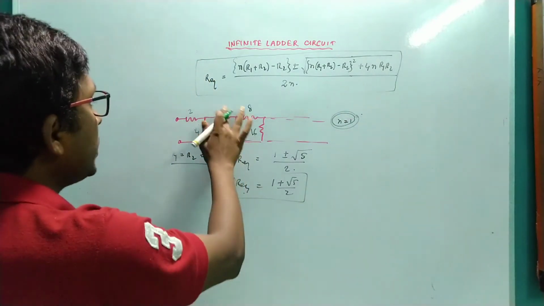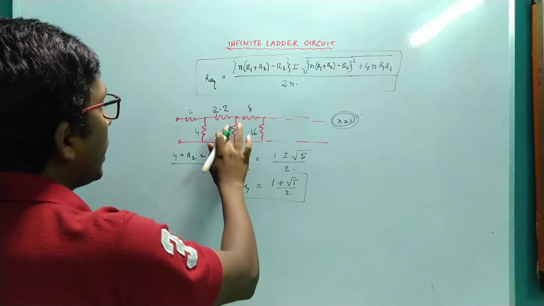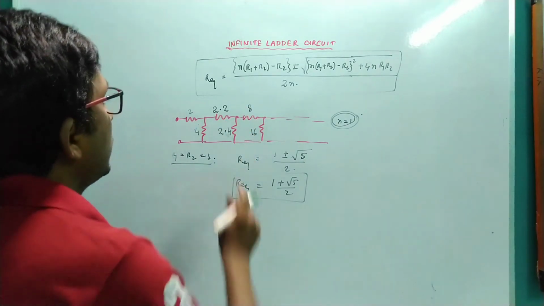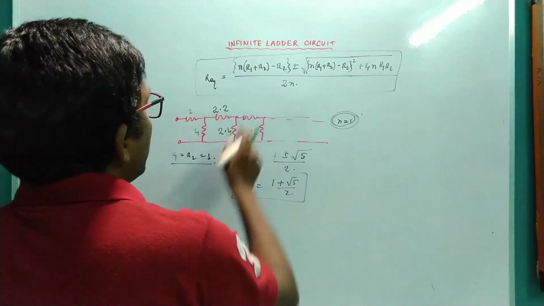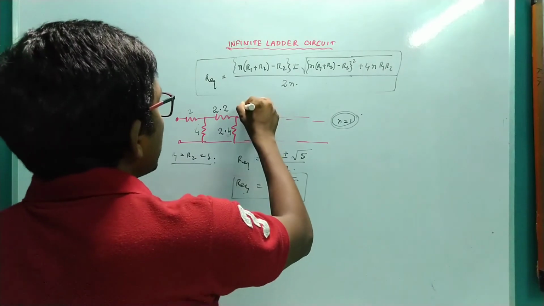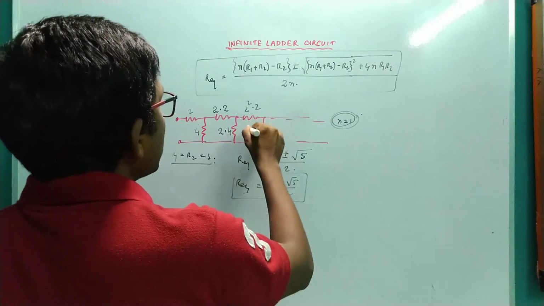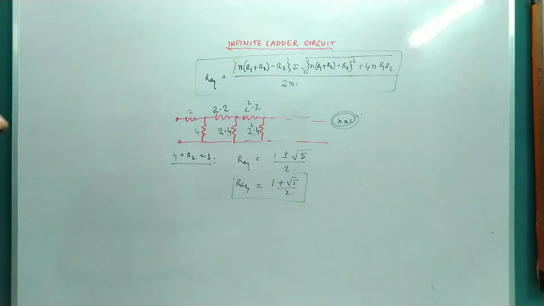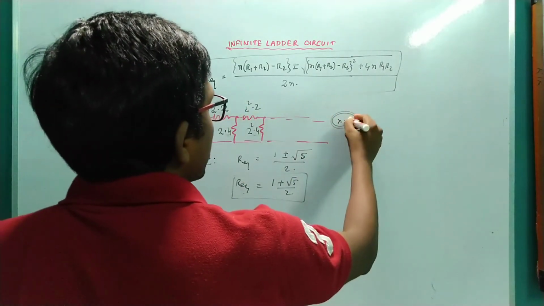You can see 4 means 2 into 2, and 8 means 2 into 4. Then 8 means 2 square into 2 and 16 means 2 square into 4. So you can find that the value of N is equal to 2 for this particular circuit.